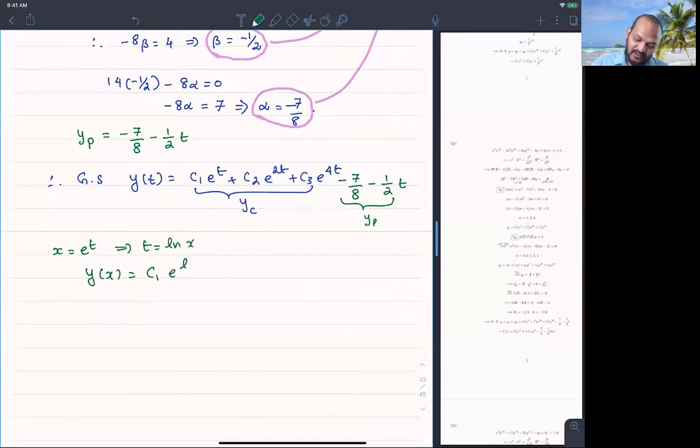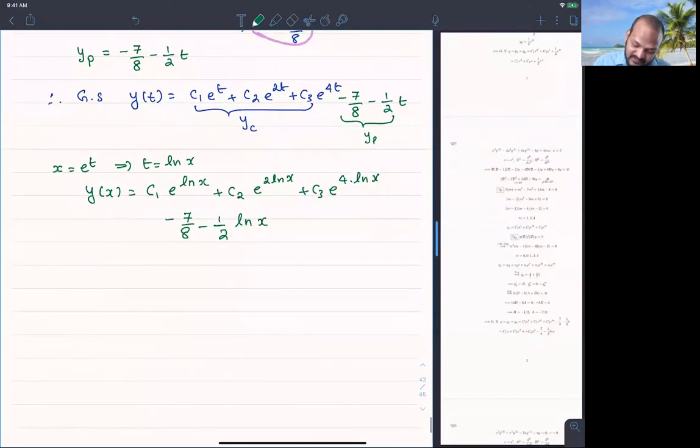When I do that, the y of x now becomes c1 e to the ln of x, which is, by the way, x, plus c2 times e to the 2 times ln of x plus c3 e to the 4 times ln of x. This is much easier, by the way, but again, just showing it for some of you. And then I'm going to have negative 7/8 minus 1/2 ln of x.